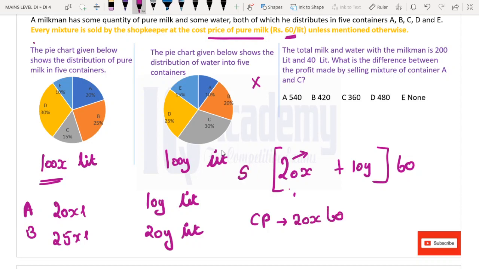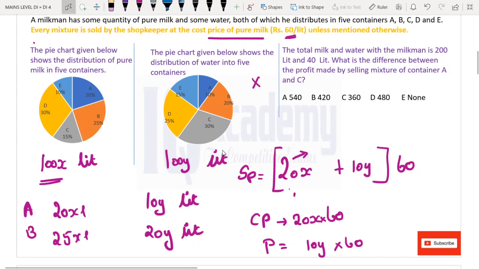The selling price is (20x plus 10y) into 60, the cost price is 20x into 60. So the profit here is 10y into 60. This is only for container A. We can calculate the profit for all the remaining containers also. We are not going to find it here; if it recurs in the questions, we can calculate it at that time.